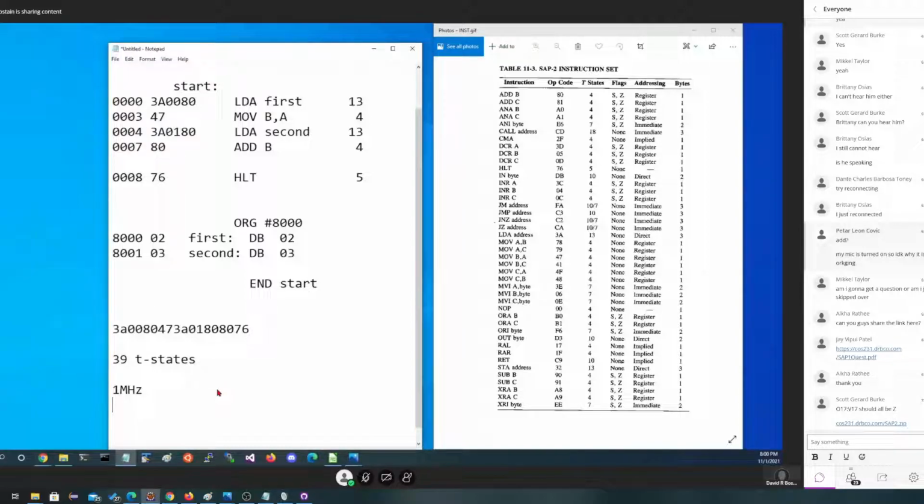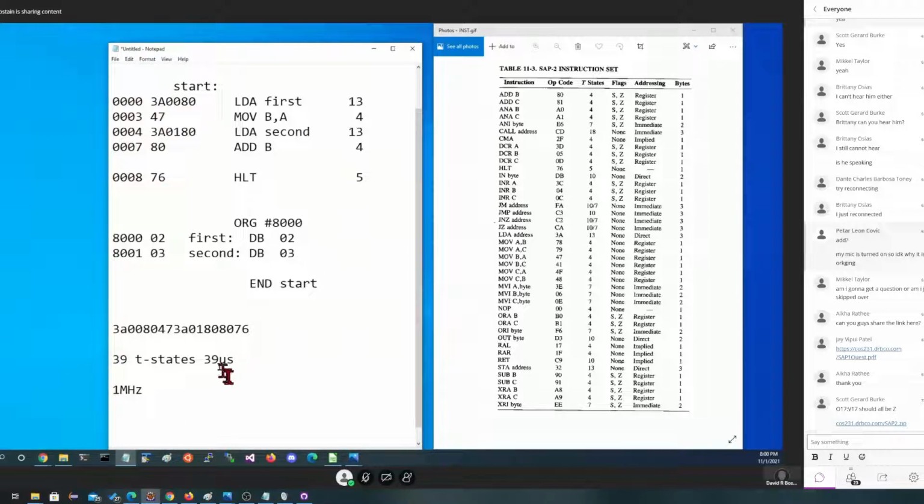We know that the clock is running at 1 megahertz. So how do we write 1/millionth of a second? Scott? Just be 1 microsecond. Yeah, absolutely. So how many microseconds does our program take? Well, it'd be 39 microseconds. We said there was 39 T states.